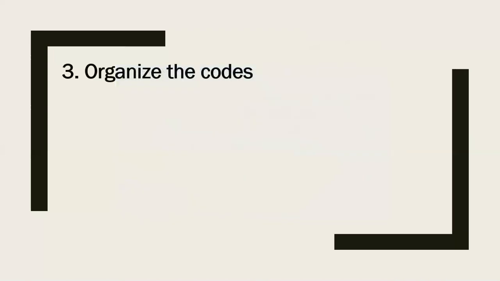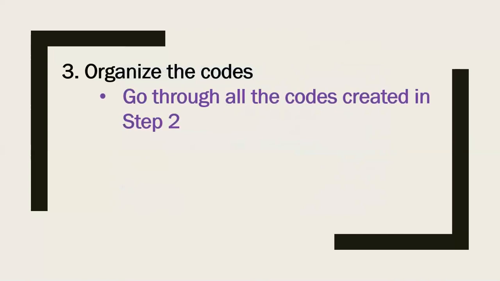In step 3, decide which codes are the most important and create categories by bringing several codes together. So first, go through all the codes that you created in step 2. Create new codes by combining 2 or more codes that you already wrote.